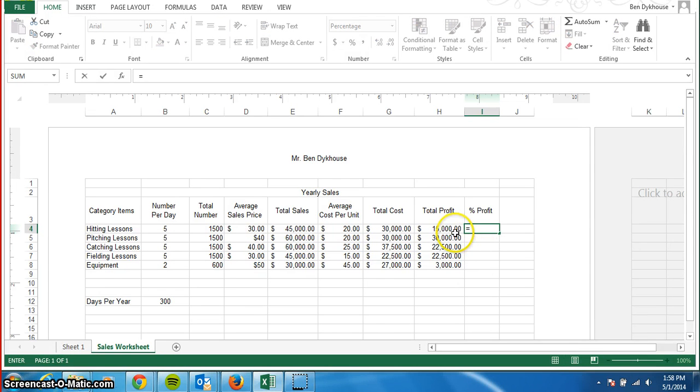So you're going to take the total profit for that divided by the total sales, and you're going to look at that percentage. So I know that I make 33% on hitting lessons. I knew that was about the number before.